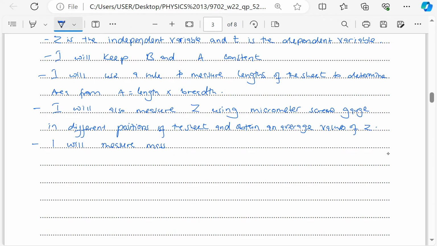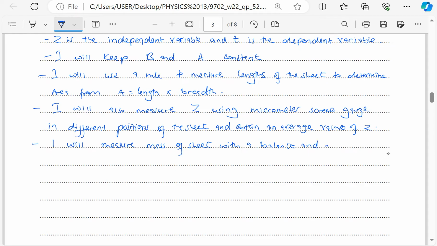I'll measure the mass of the sheet with a balance. It can be a beam balance, electronic balance, and so on.